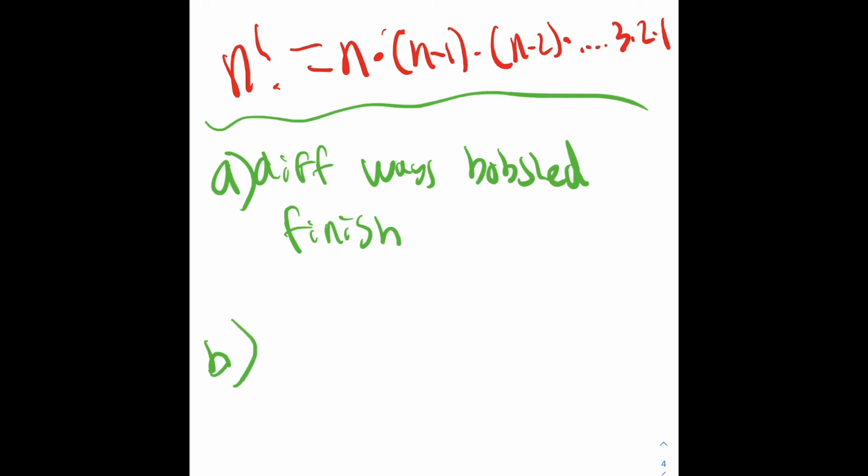And part B: how many different ways can 3 of the bobsledding teams finish first, second, and third to win the gold, silver, and bronze? So different ways just the 3 teams can finish.